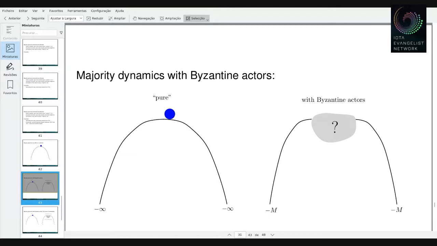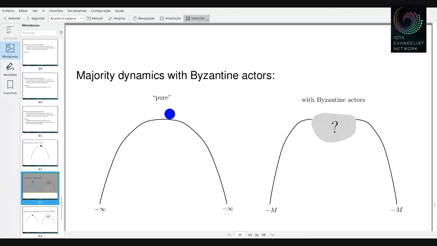For example, suppose that they adopt a naive strategy. Like they will always help the weakest. If opinion 1 is prevailing, then all the bad guys will vote for 0, thus helping the 0.